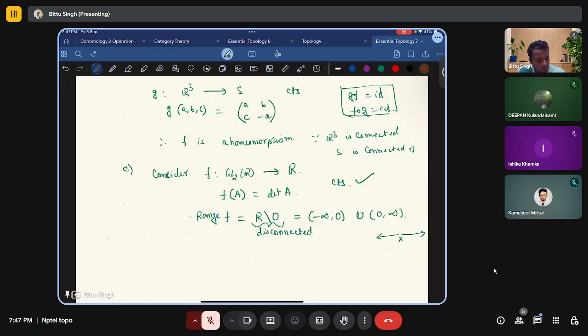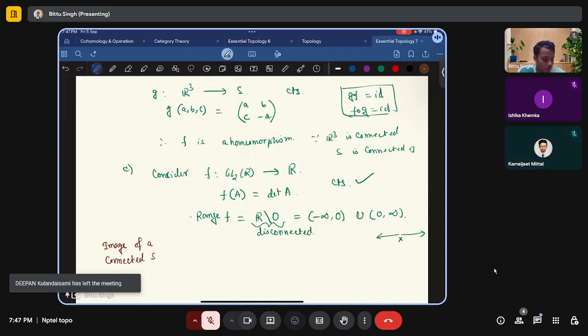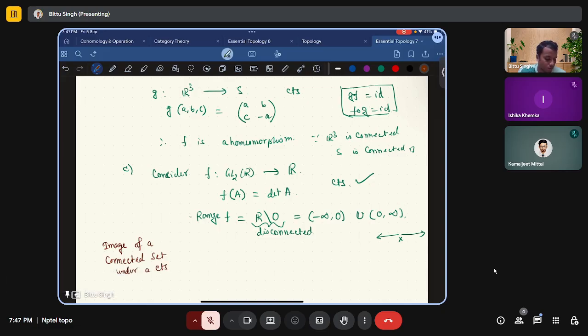So again, recall the property that the image of a connected set under a continuous map is connected.